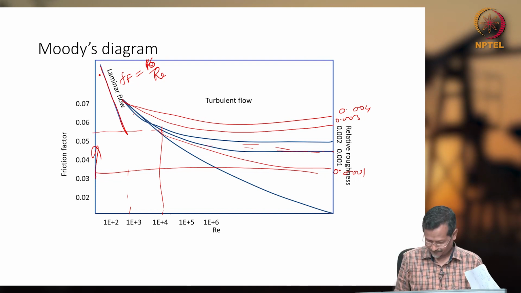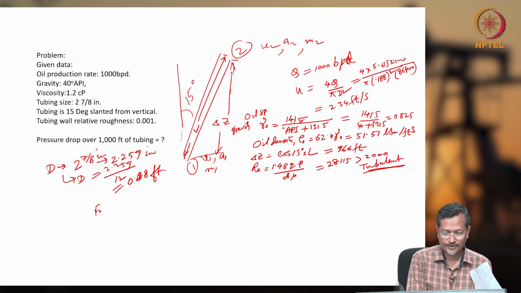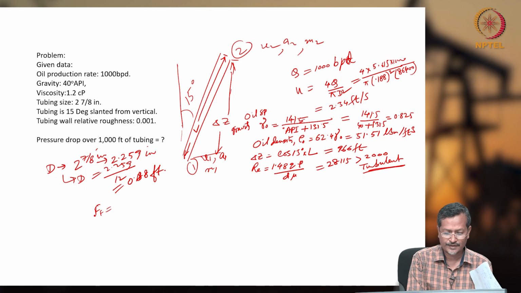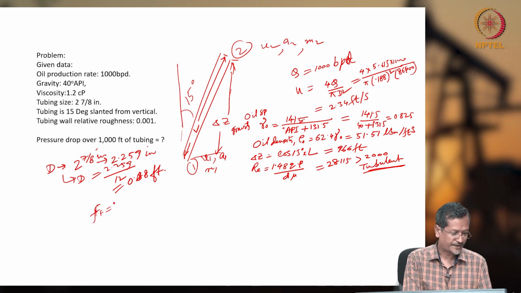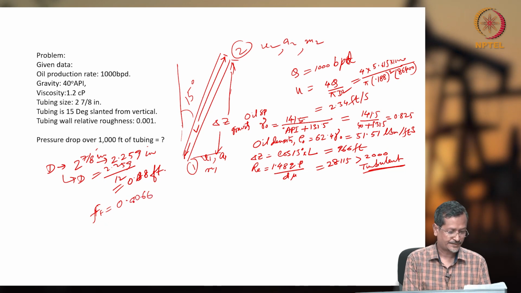So the Fanning friction factor we get is 0.0066.